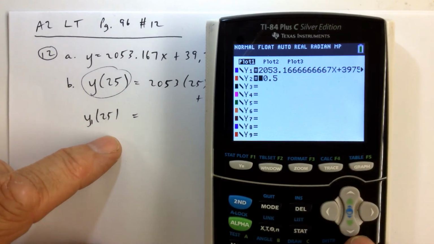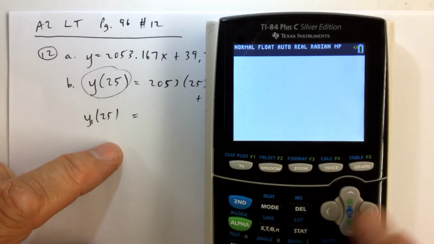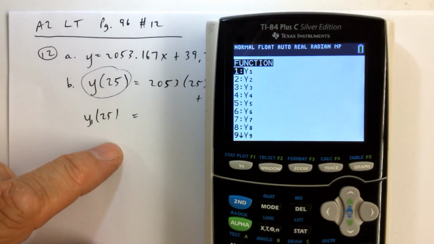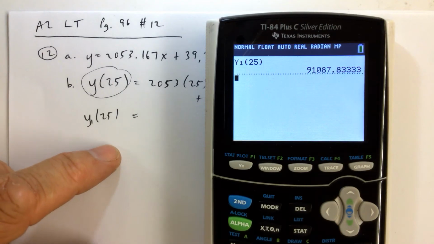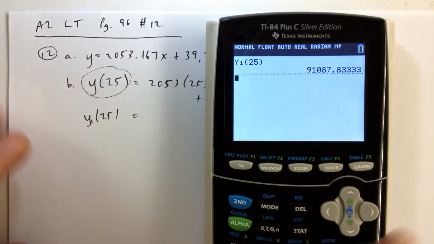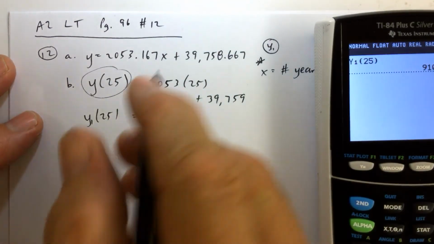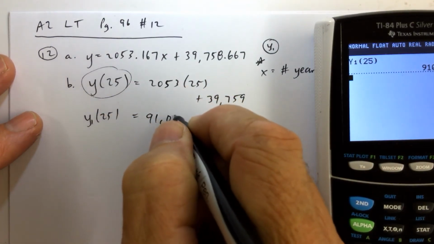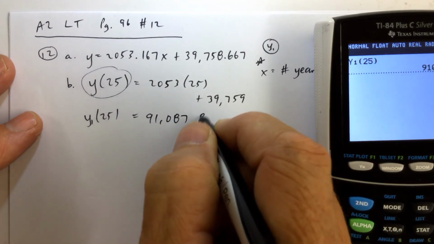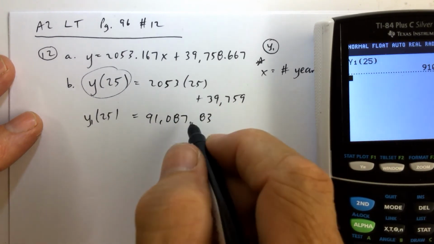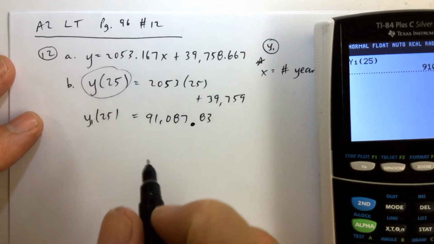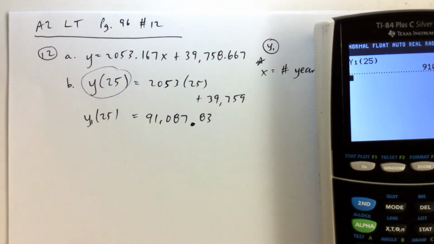So, like I said, I'm going to type in VARS, Y variables, Y1 of 25, and this is estimating the number of metric tons of pork that will be produced in the year 2025. So that's about 91,087.83. So about 91,087 metric tons of pork in the year 2025.